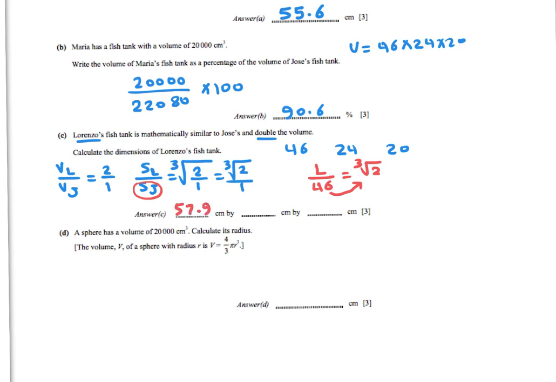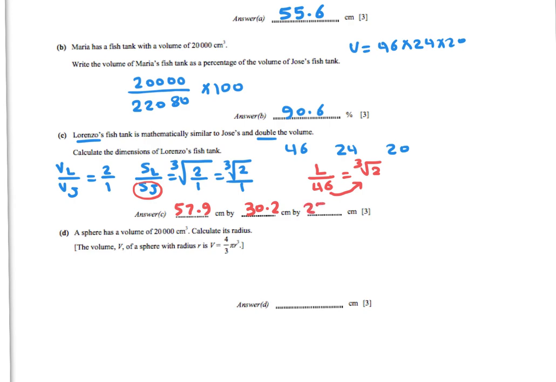The same for the width. Multiply the width by the cube root of 2. So we multiply 24 by the cube root of 2, 30.2. This is for the width. For the height, same, multiply 20 by the cube root of 2. So 25.2 to 3 significant figures.